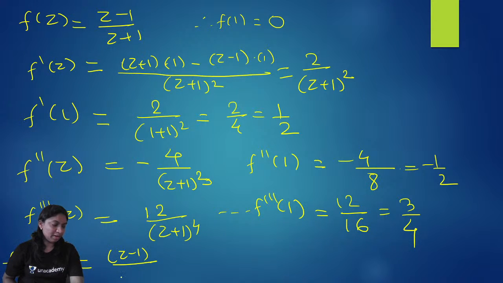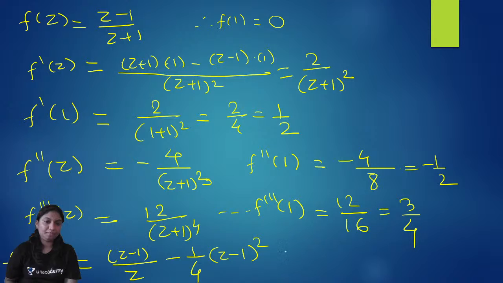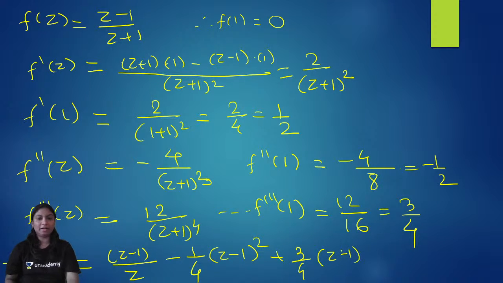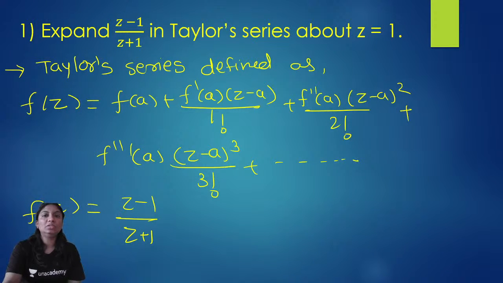Then minus 1 by 4, because 2 into 2 factorial, that is 2, minus 1 by 4 into z minus 1 bracket square, plus 3 by 4 into z minus 1 bracket raised to 3, and so on. This is your Taylor series about z equal to 1.